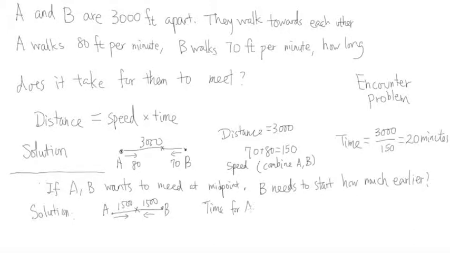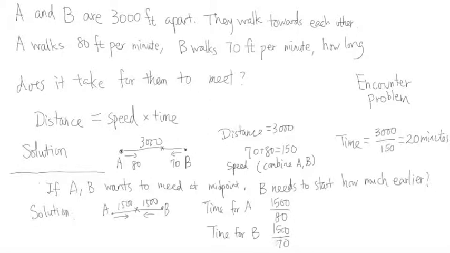Time for A will be 1,500 divided by 80. And time for B will be 1,500 divided by 70.